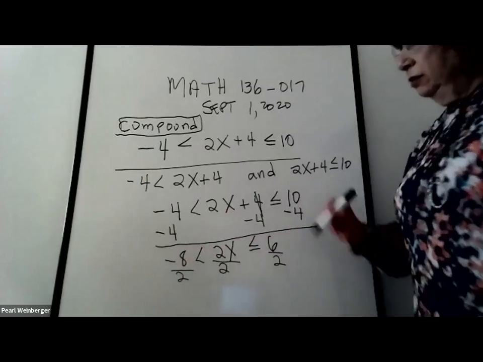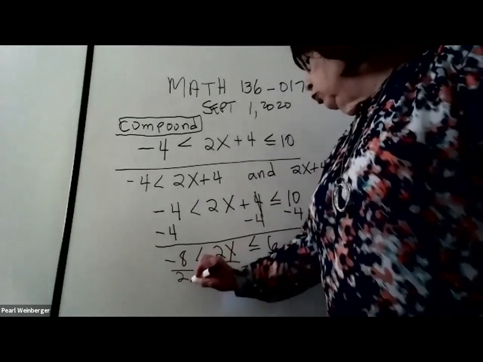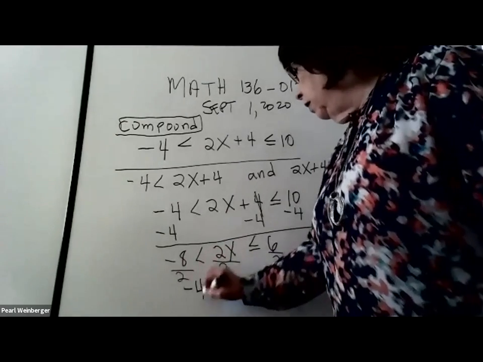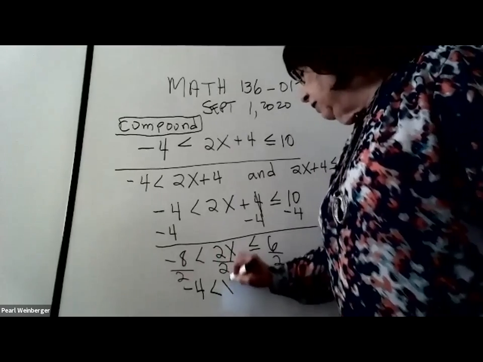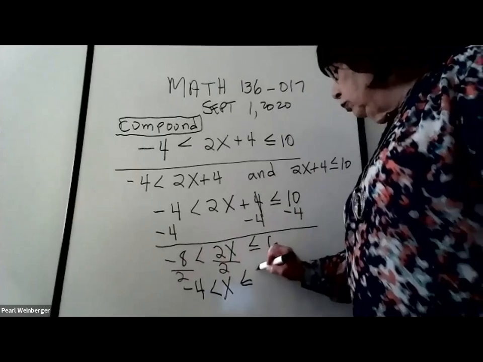So that what ends up happening is I get -8 divided by 2, which is -4. This is less than x, which is less than or equal to 6 divided by 2, which is 3.